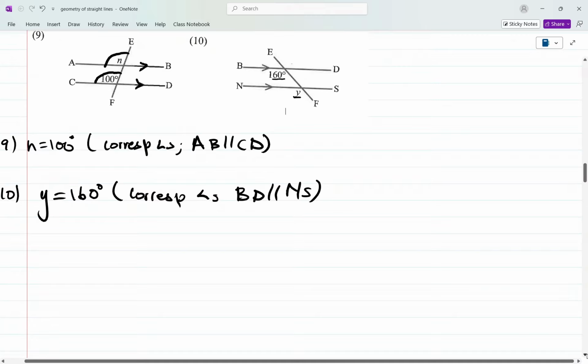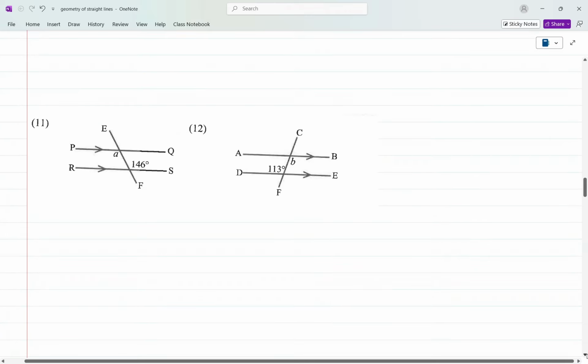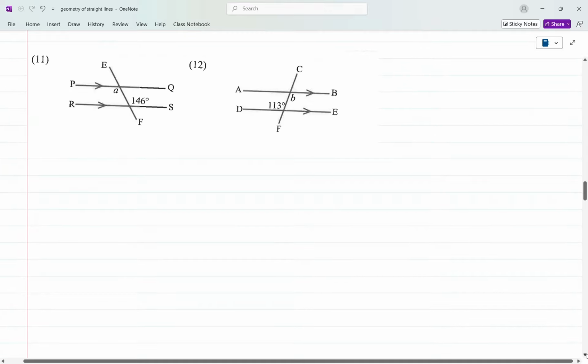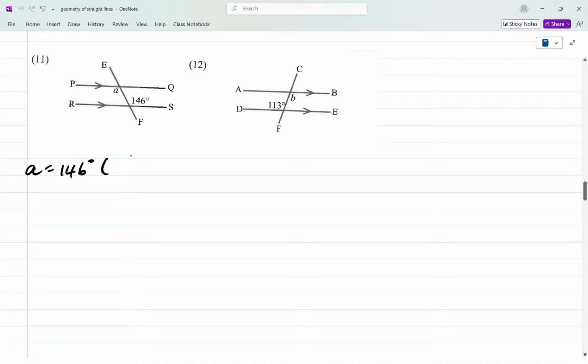Then we have number 11 and 12 now. With number 11, I'm going to say a is the same as 146 degrees. However, this time around, we are no longer saying corresponding angles. We are going to say alternating angles, because PQ is parallel to RS.